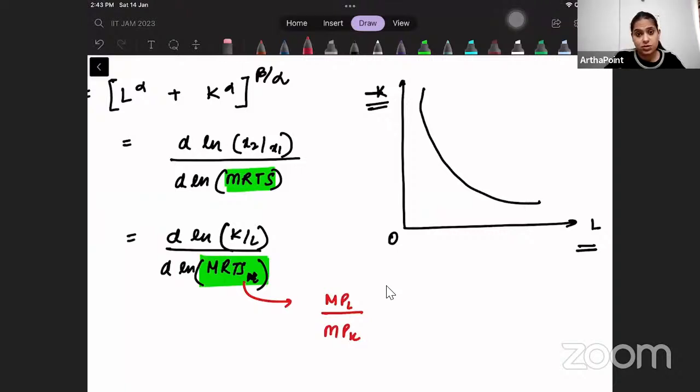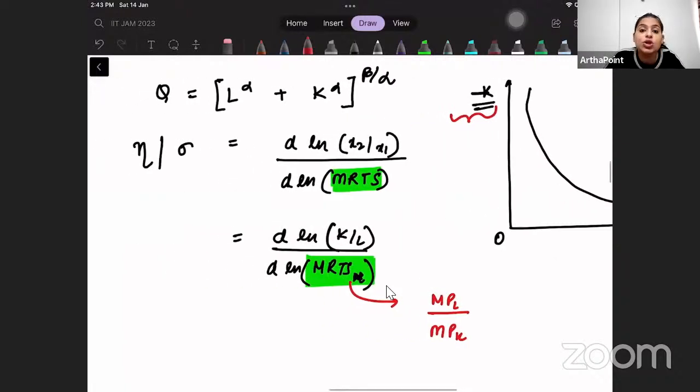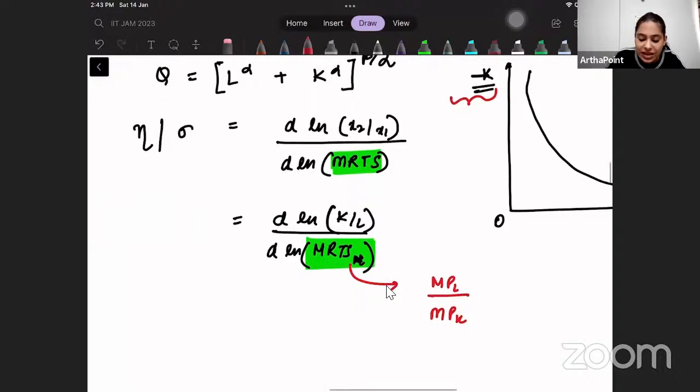Don't get confused. In MRTS, it is marginal product of labor by capital, x1 by x2. But in elasticity of substitution, the numerator is K by L, right? So the formula for MRTS is MPL by MPK.